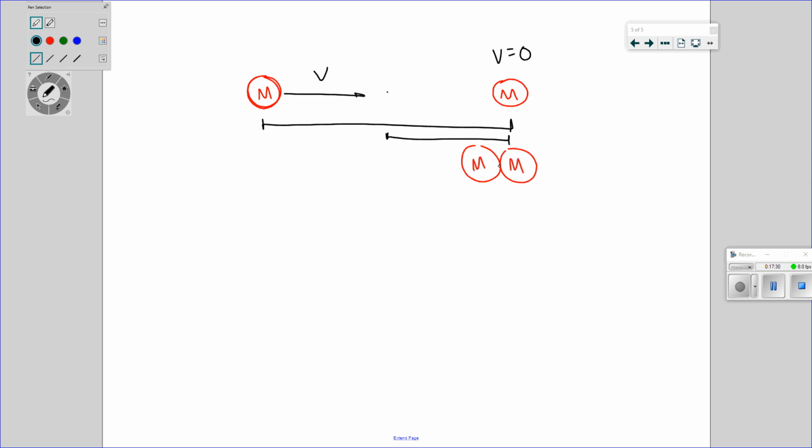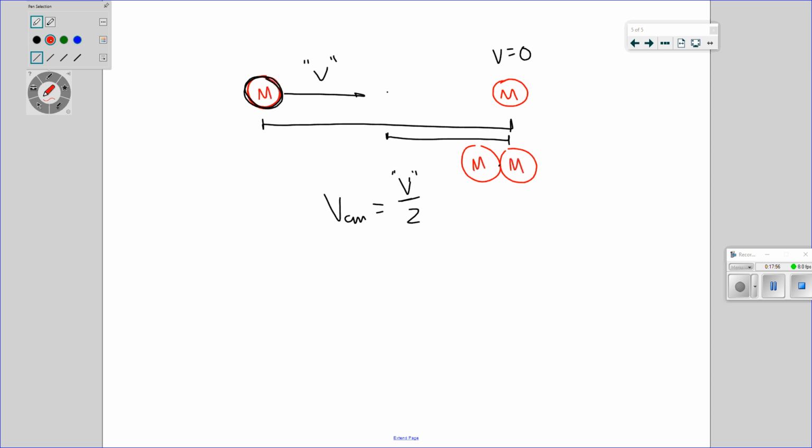So the center of mass went half as far as this mass did in the same amount of time, and therefore VCM is V over 2. It traveled half the distance in the same amount of time that mass m on the left traveled that distance. Agreed? You know what happens when these two things collide and interact?